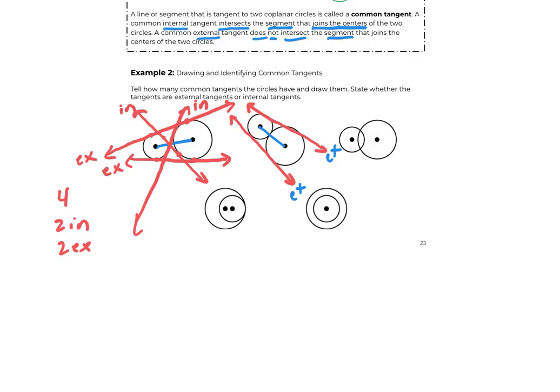If I draw a tangent going like this, that goes right through the middle of those two circles, it could touch both circles at the same time, and it's also going through that segment, so this would be an internal tangent. So this one has 3: 2 external, 1 internal.